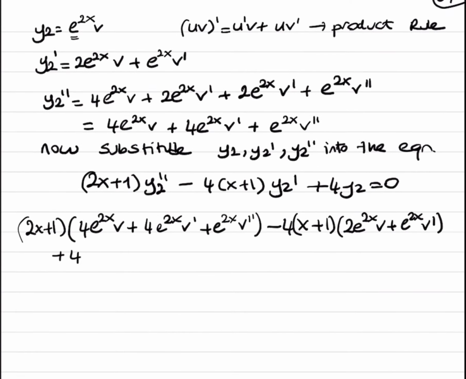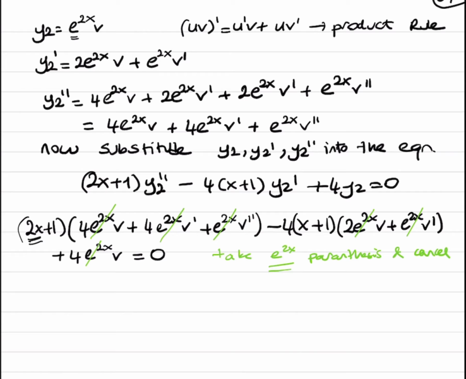So y2 was e to the power 2x v, and this is equal to 0. We need to be careful about calculations, but we see that every term has e to the power 2x. We can take e to the power 2x out of parentheses and cancel it.